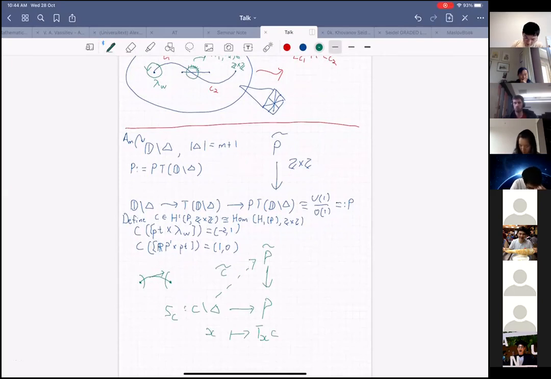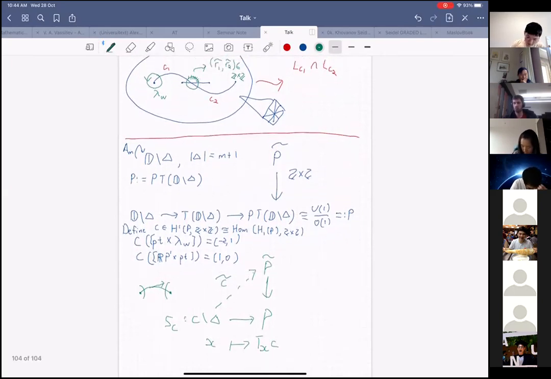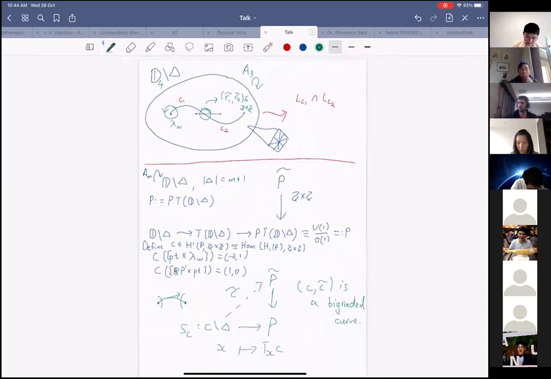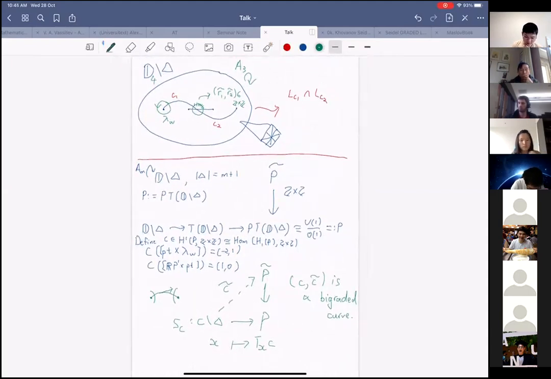We call this a bi-graded curve. From this bi-graded number, because we told you how to leave the disk, you can find the grading, or local index if you look at the paper.